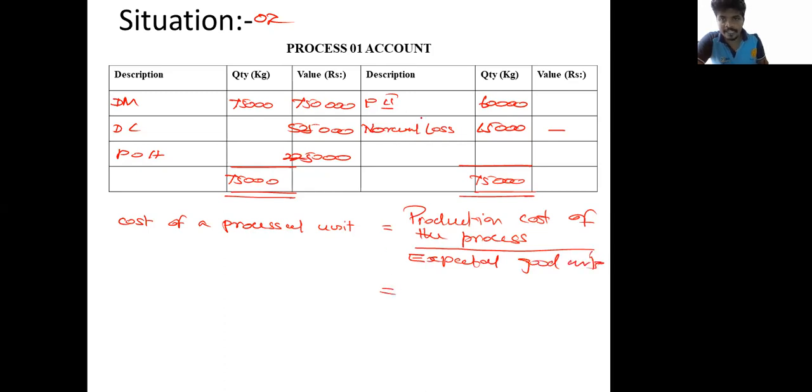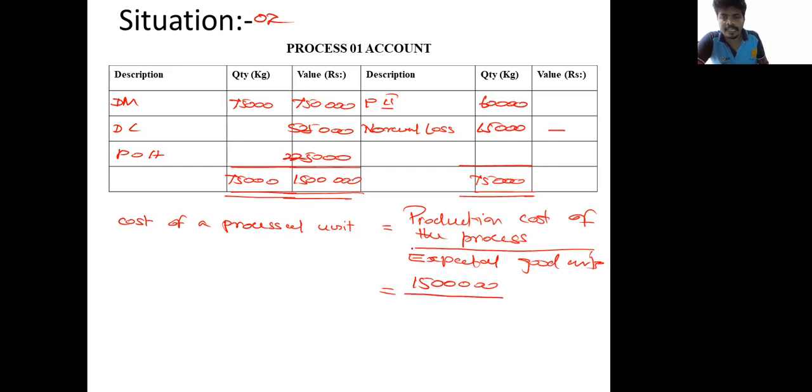Here they are expecting 15,000 wastage, that is known as normal loss, and the total cost of this process, as we calculated in the earlier sum, is 1.5 million.